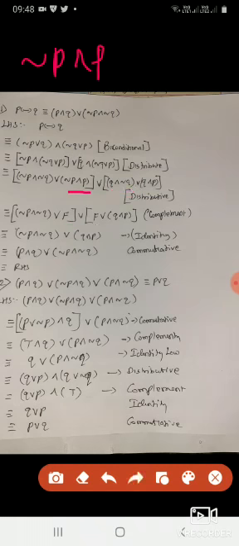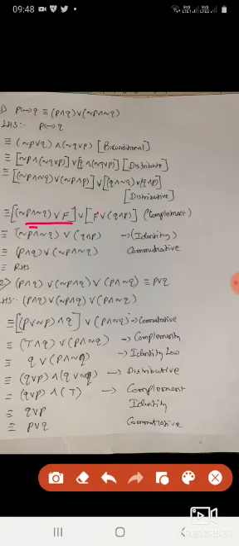Then after the complement law, we have to take the logical relation between false and one statement, which means we have to think about identity law.